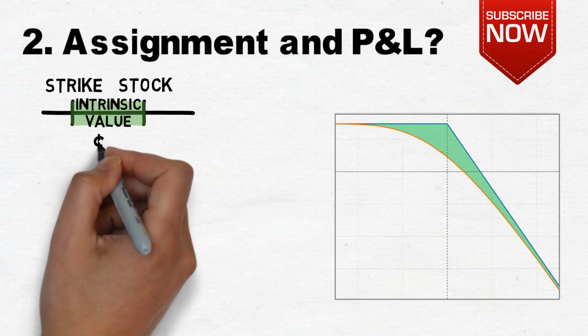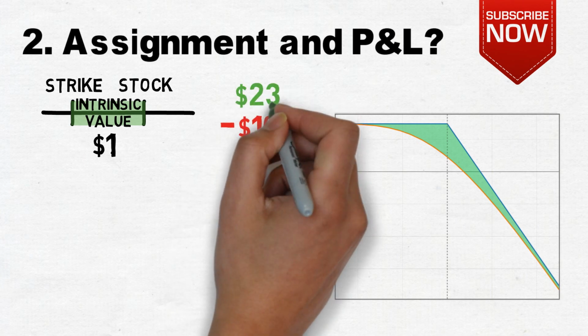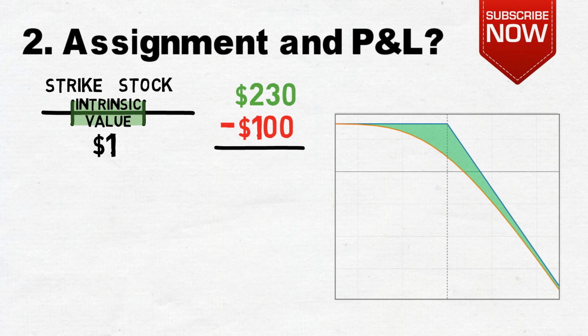For instance, if your option is $1 in the money, you will lose up to $100 per option or $1 per share that you get assigned. But this would be the P&L of the option at expiration anyway. Depending on how much premium you collected when selling the option, this might still be a profit or a minor loss.